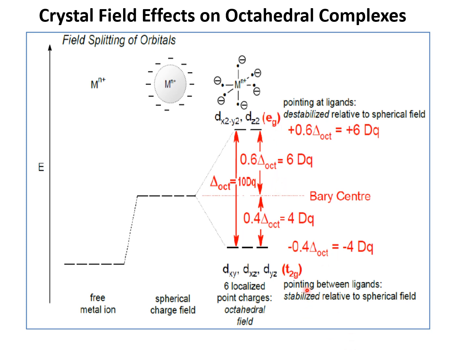T2G points between the ligands, whereas EG points at the ligands. The lobes lie directly along the axis, so there is more repulsion between the electrons of the ligands and the electrons of the metal ion. More repulsion, so the energy is high.